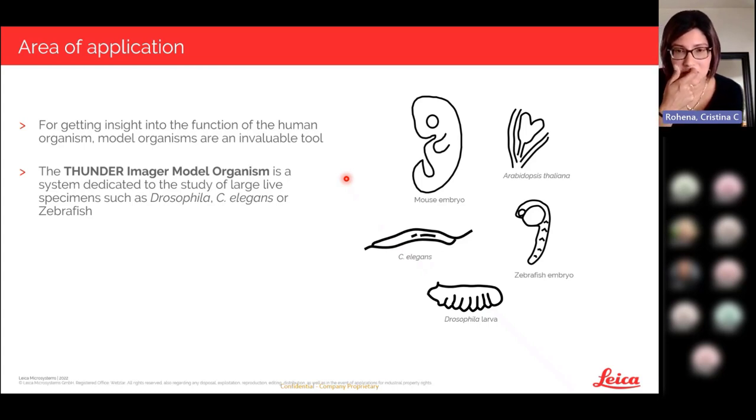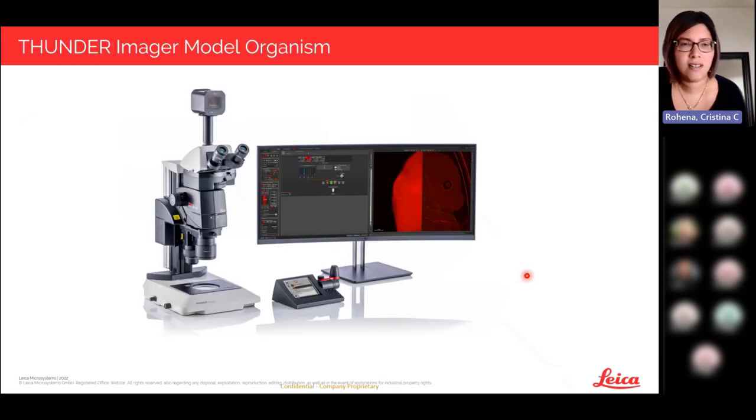It's really typical for people to be using fluorescent stereos routinely, because to get better insight into human biology, model organisms are invaluable tools for us to learn from.